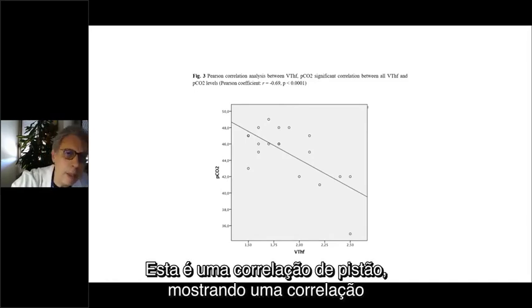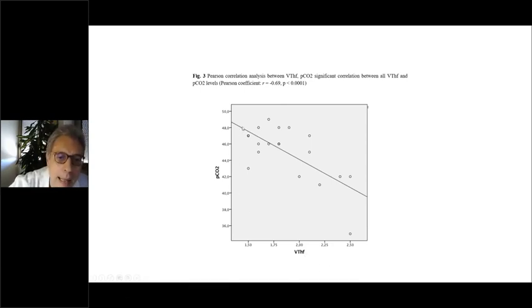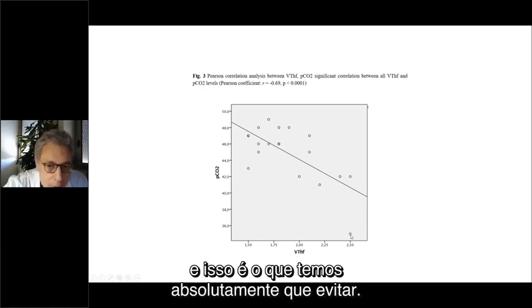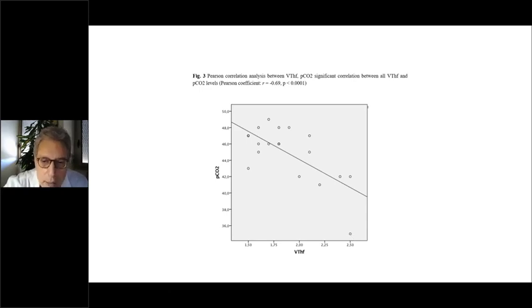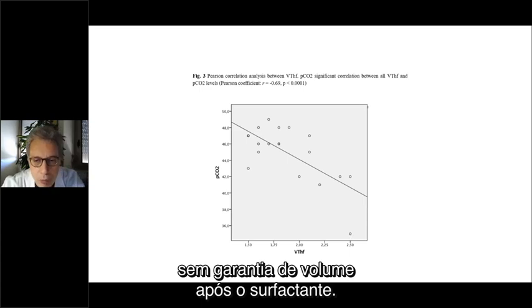And this is a Pearson correlation showing a very good correlation between tidal volume and PCO2. Higher tidal volume, 2.5, lower PCO2. And this is what we have absolutely to avoid. This is the value of the baby treated with high frequency without volume guarantee after surfactant.